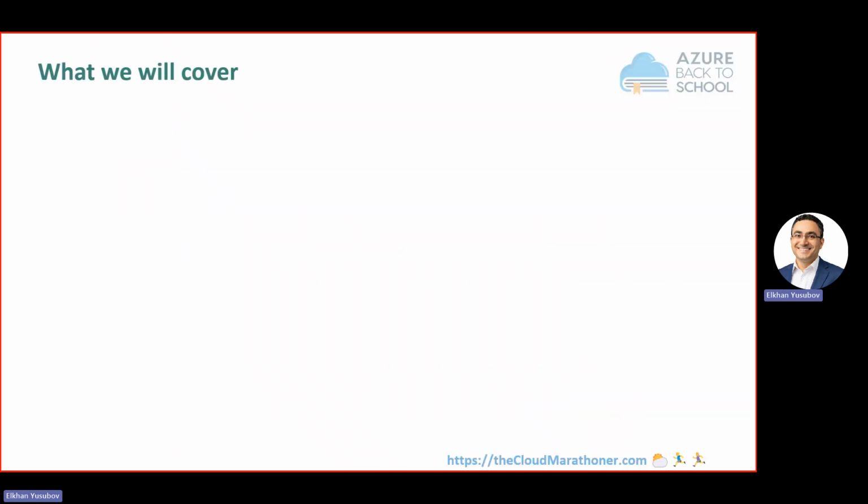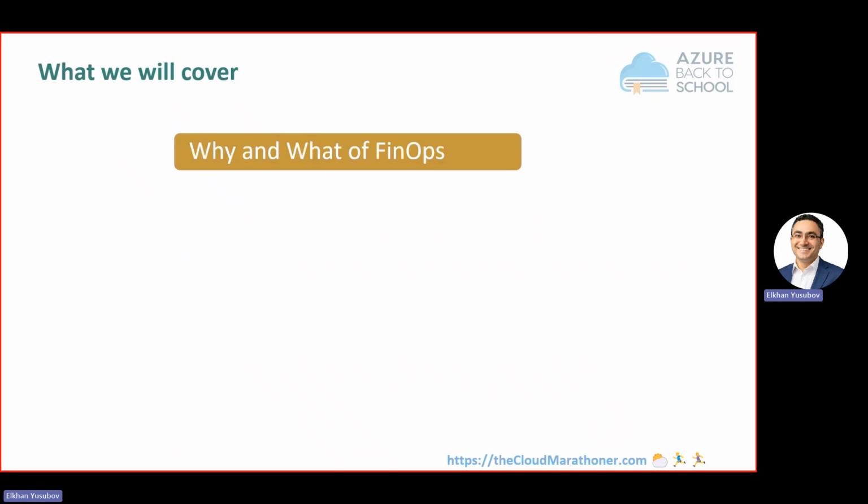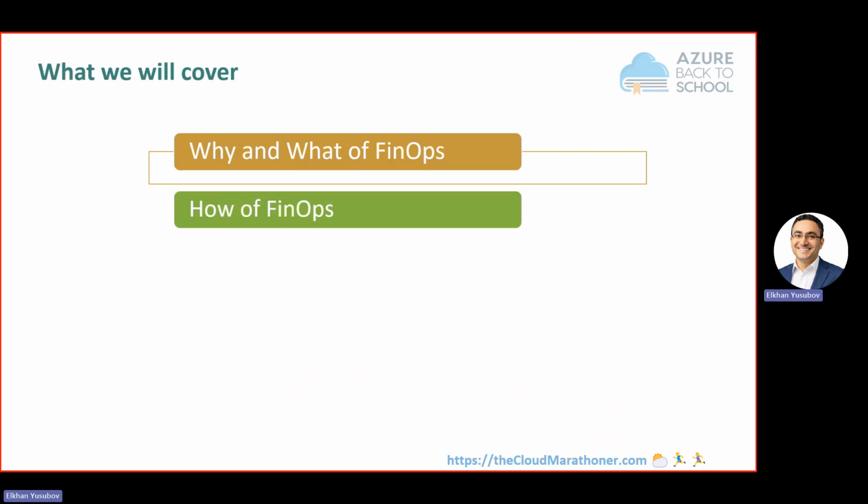Now let's look into what we are going to cover in this session. First, we'll start with the why and what's of FinOps. Then we'll continue on how you can do certain things with FinOps, and why, and what's the approach there.